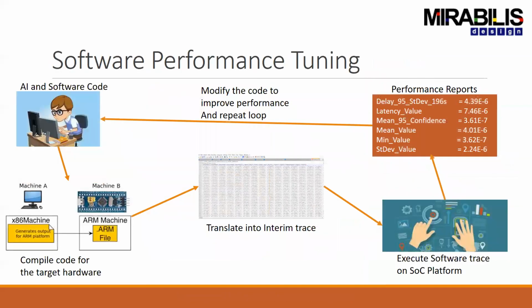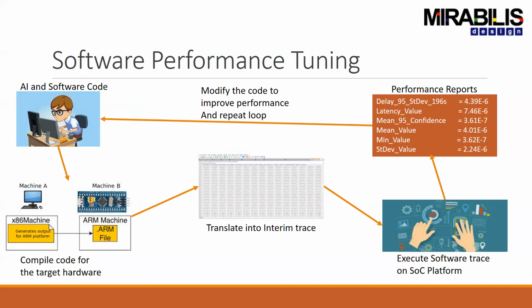Another important concept is how this process is taken care of. Once we have the software code, which can be an AI code or a simple normal code, how do we go along with it? We take that code and compile it for the target architecture, which can be an ARM system or a RISC-V system, and get the binary executables.